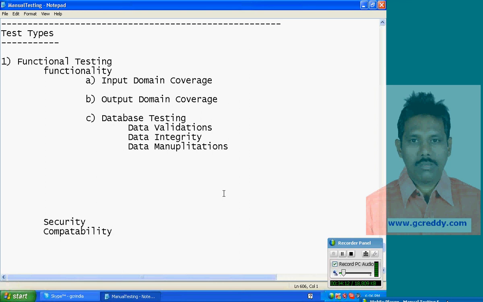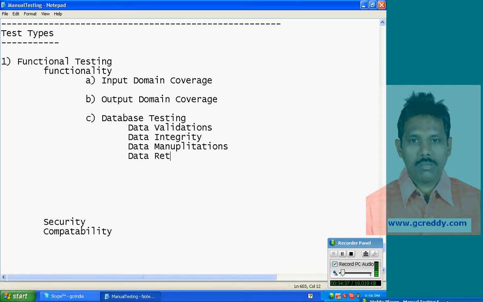See, how the database is handling data manipulations in terms of additions, deletions, and updations. Next, tell me, Priyanka. Data validations, data integrity, data manipulations. Next.